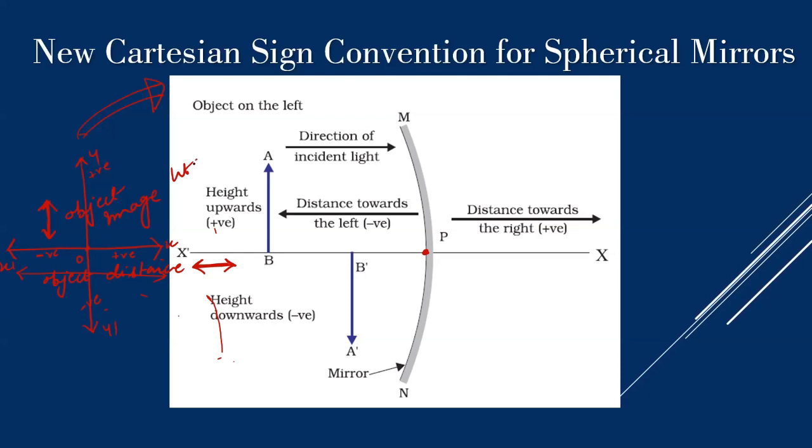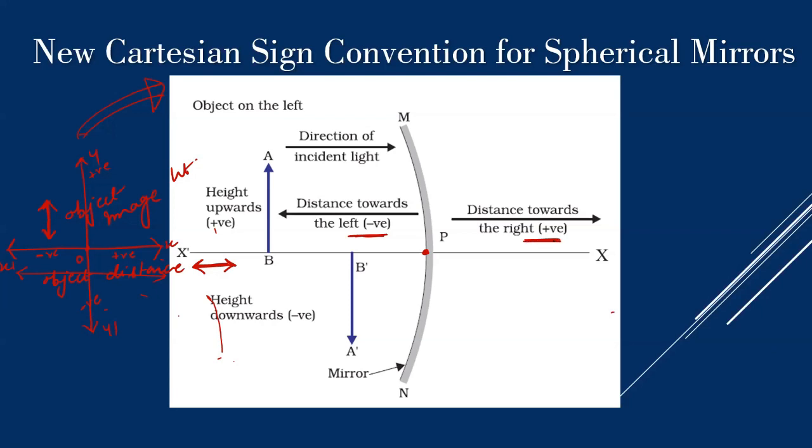Understood? So the horizontal x-axis is always for your object or image distance. The y-axis, up and down, is always for your height, object height or image height. Distances towards the left of the x-axis are always taken as negative. Distances towards the right are always taken as positive.